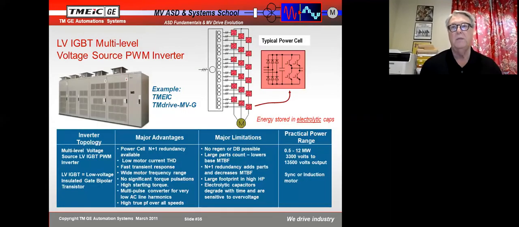Now, this is a low voltage IGBT based inverter built by T-Mike in Japan. Robicon popularized this in the United States. By the way, if you've been in any of our medium voltage drives before, I talked about T-Mike. It's probably the best kept secret in medium voltage drives.